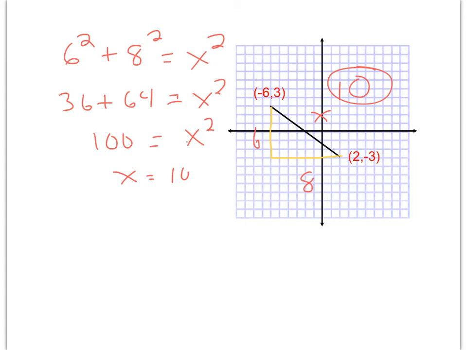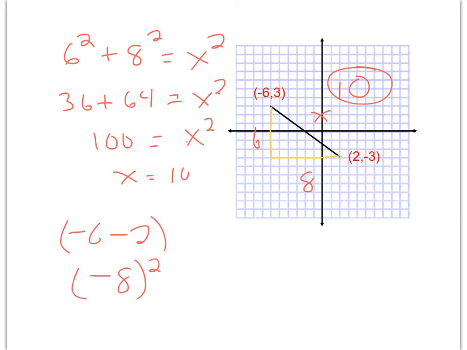Now, let's just do this a little bit quicker if we can. Do we see that the difference of my x's is going to be -6 minus 2, which is -8. Well, if I square that, I get 64.